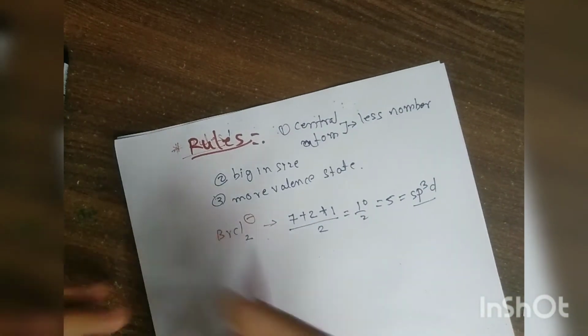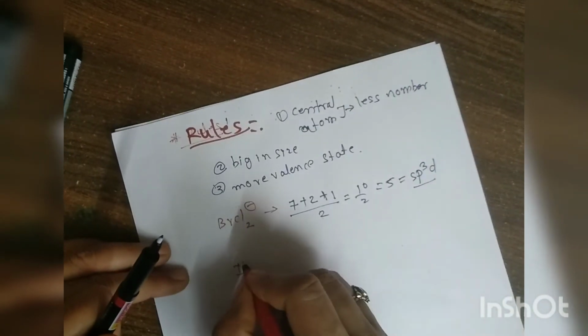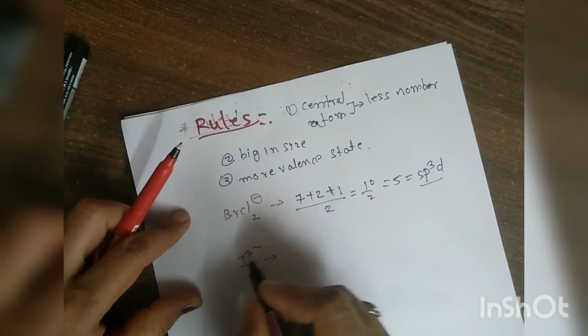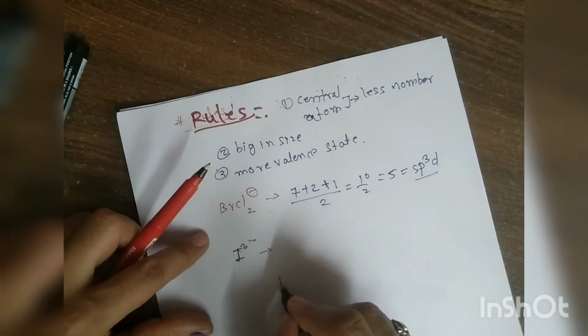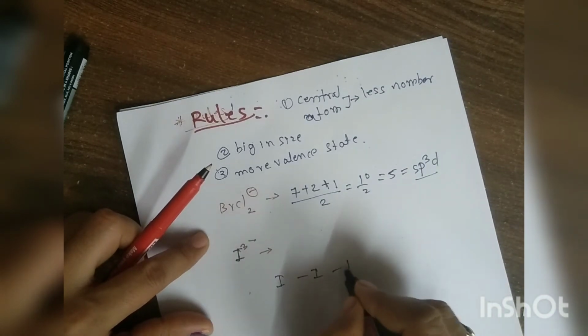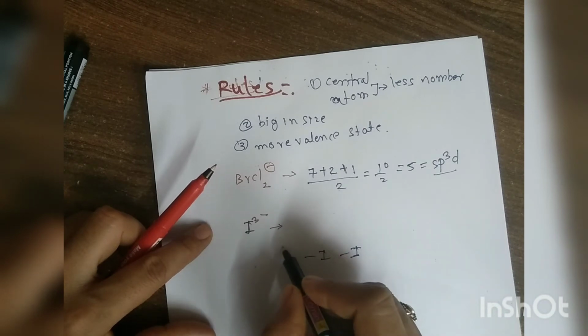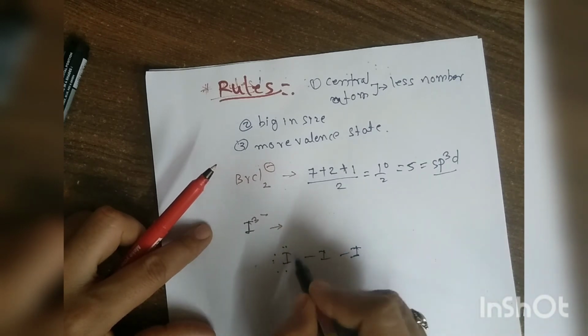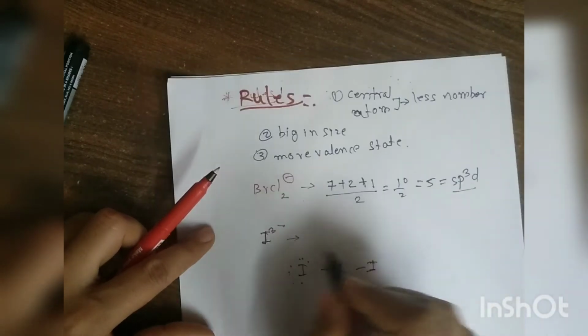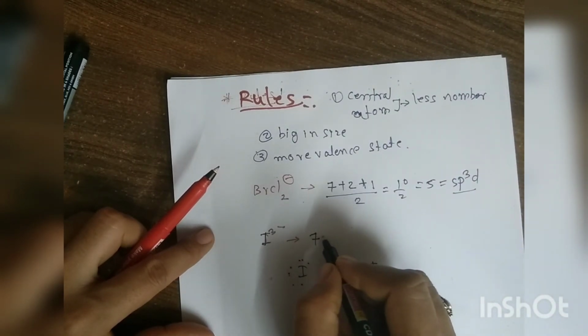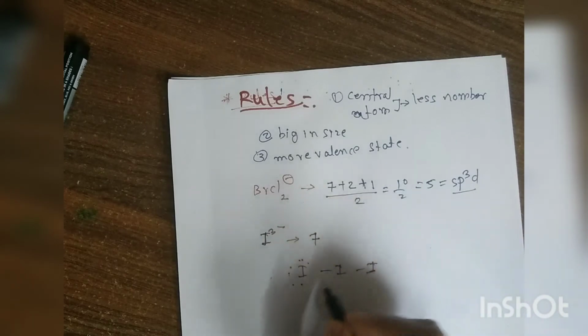Now we have taken another most important example, that is I3 minus. Here how do we calculate? I3 minus means iodine three times.